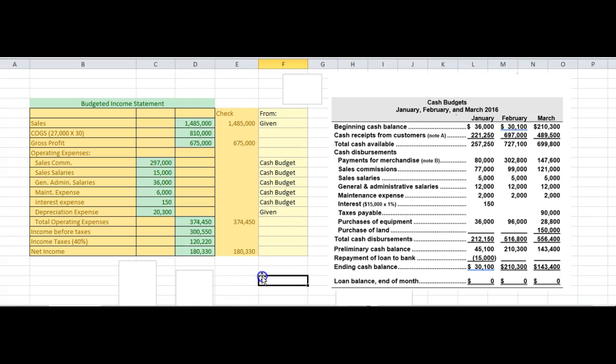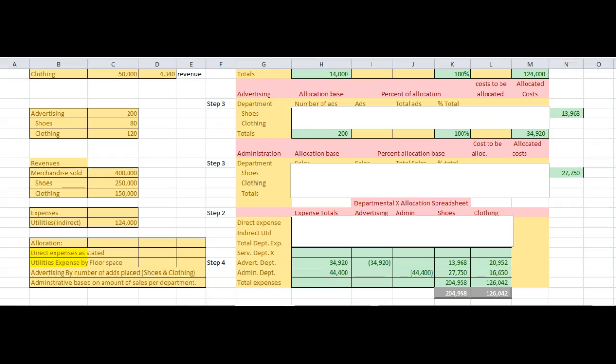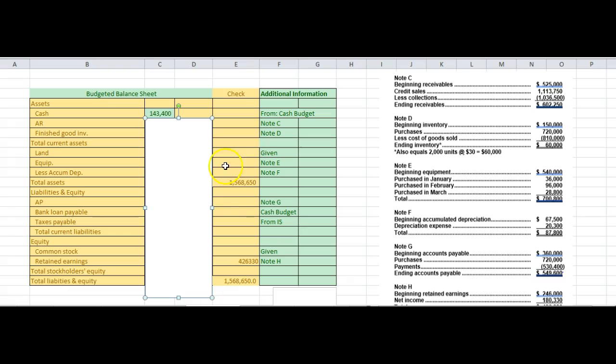So that gets plugged in. Here we go. So we've got that. And then AR is in note C, which is right here. You want the ending balance on all of these. So 602,250. Your finished goods was 60,000 right here.